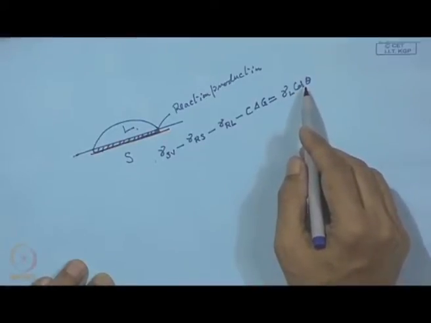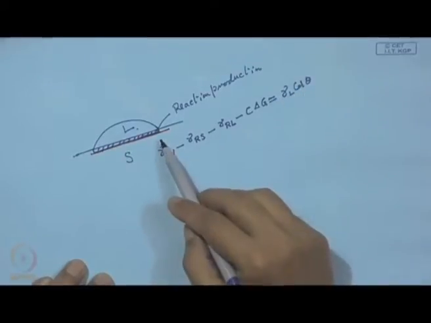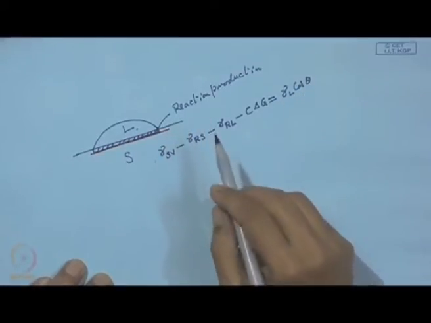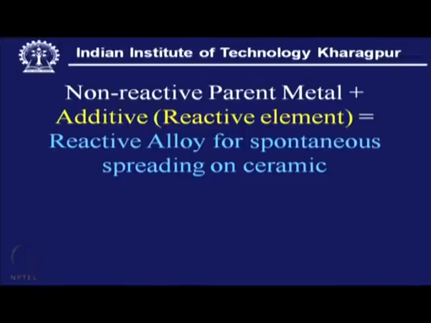That means, the theta value will be further reduced because of this promotion of this chemical reaction. So, this will lead to spontaneous spreading on ceramic.